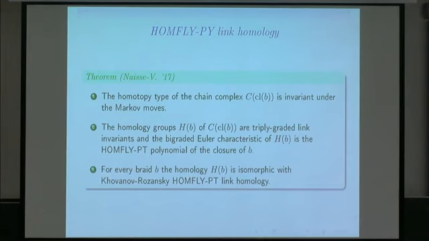So you have a categorification of the HOMFLY polynomial. This we prove when we have a braiding, so we have to check that on the Euler characteristic, you respect the skein relation and the value for the R0.